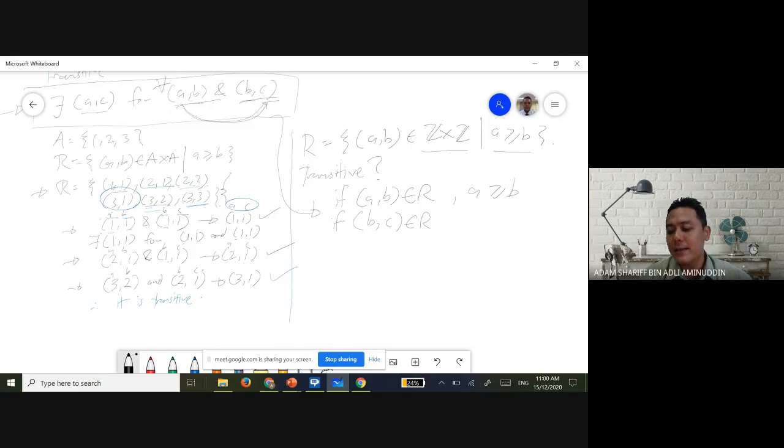If BC is inside of R, then B is larger than C. Okay? Inilah, kalau tadi ni kiri kanan kan, ni kiri kanan, B mesti larger than C. So, questionnya, bila I have the A larger than or equal to B and B larger than or equal to C. As A larger than B and B larger than C, of course A larger than C.